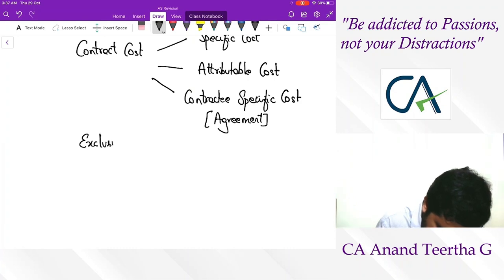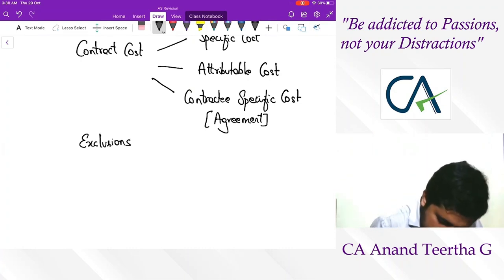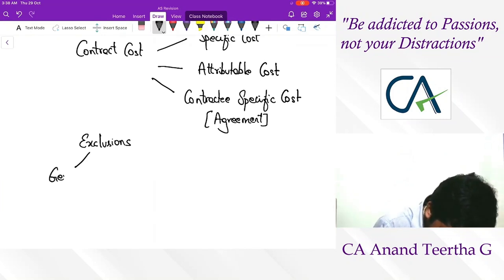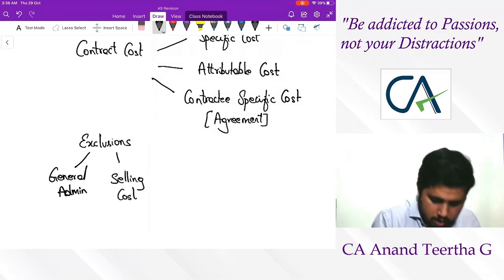Okay, with these contract costs which are included, there are certain exclusions also. From the contract cost, there are certain exclusions. What are they? First, general admin cost, because it's not related to the contract. So general admin costs are excluded. Next, selling costs are excluded, because obviously again not related to the contract.